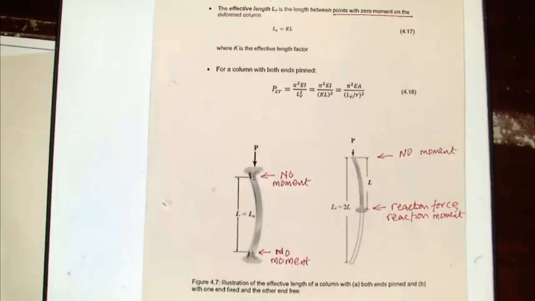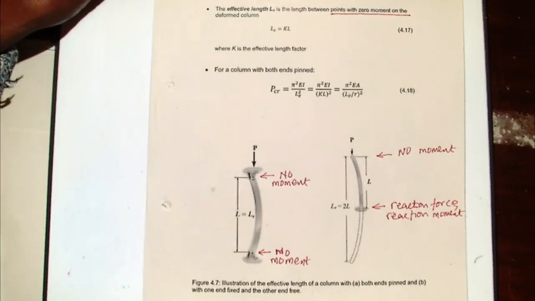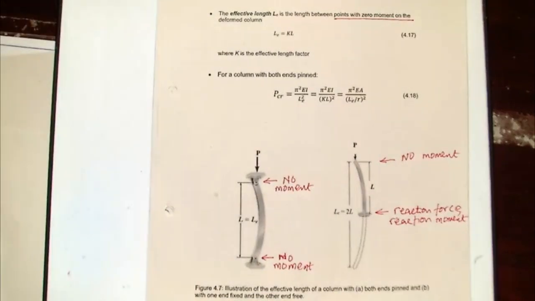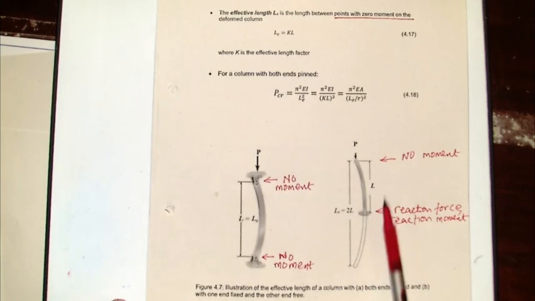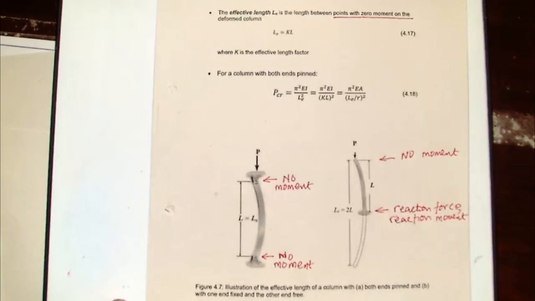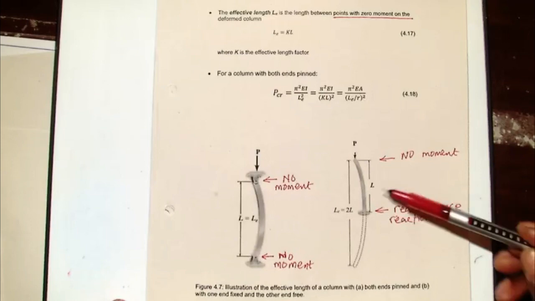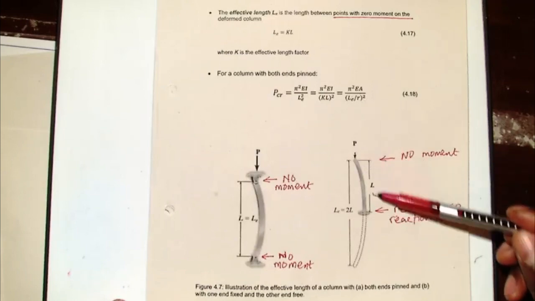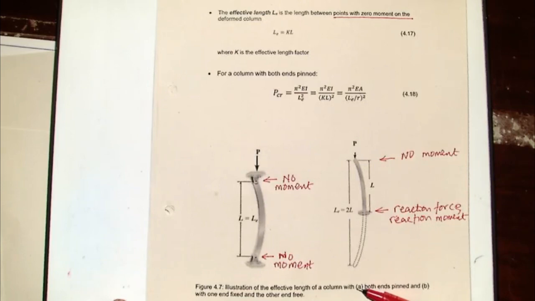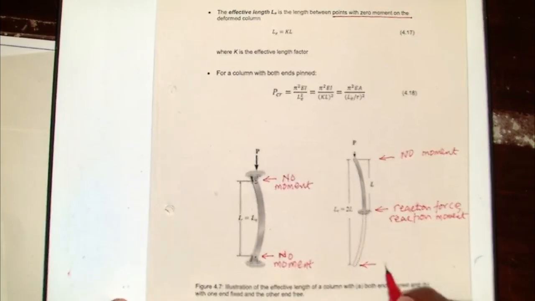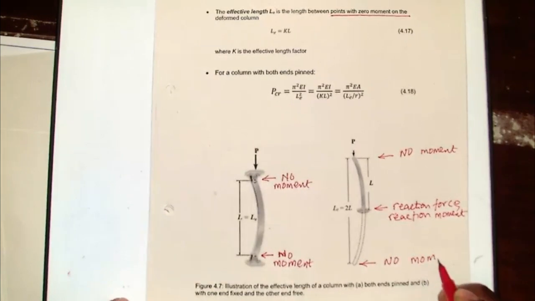So if I ask myself, what is the effective length of that? Remember, effective length is the distance between 2 points which have got no bending moment at all. For that one, we know that one has got bending moment. That is free. The only way I can get effective length is to assume I have that second part of it going downwards, where that is fixed. That is also free. So I will say that one here is free, so it's got no moment at all.